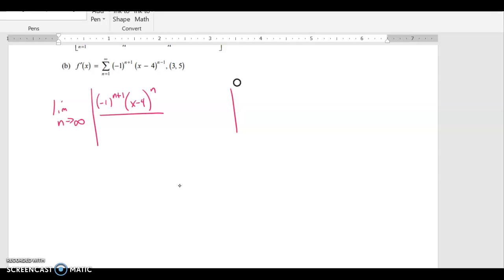So we can just go ahead and divide since it's not a fraction. Oh, it should be the next term. I missed it, n plus 2. Negative 1 to the n plus 1, and then that's going to be x minus 4 to the n minus 1. Take the limit of that as n goes to infinity. And what do you get?